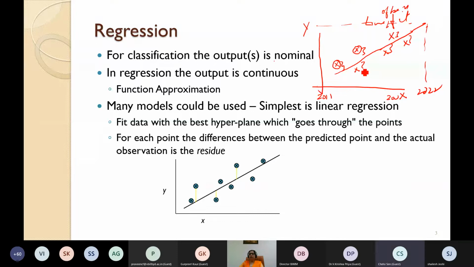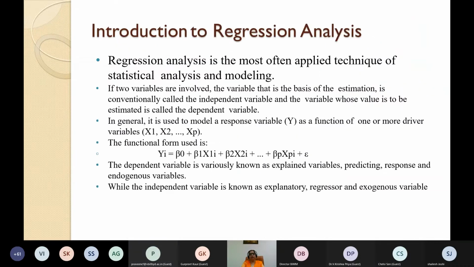This is the forecast and this is the actual demand. So this particular line tries to minimize this error component, eta 1 to eta n. For each point, the difference between the predicted point and the actual observation is the residue.